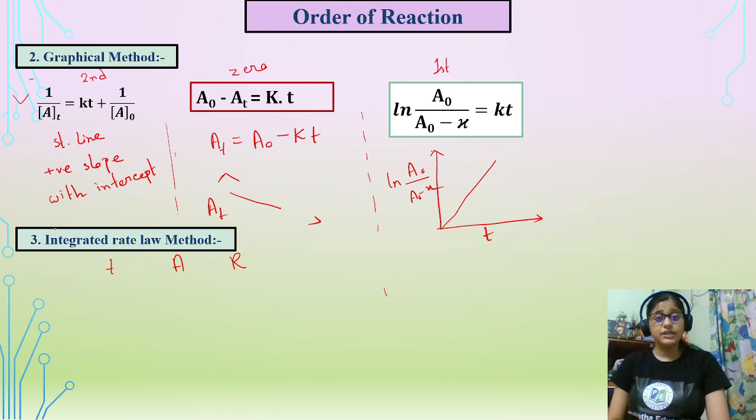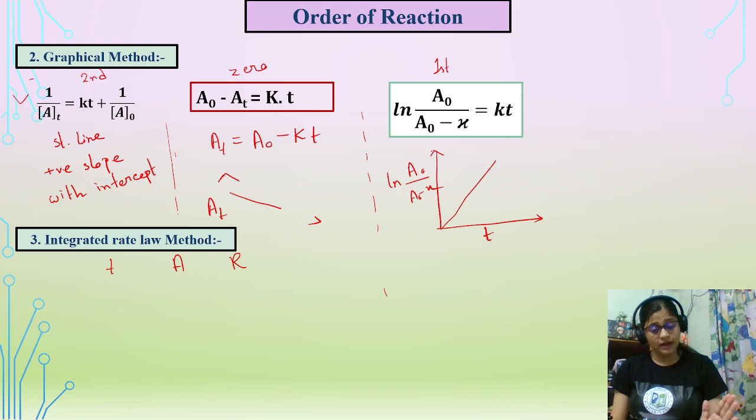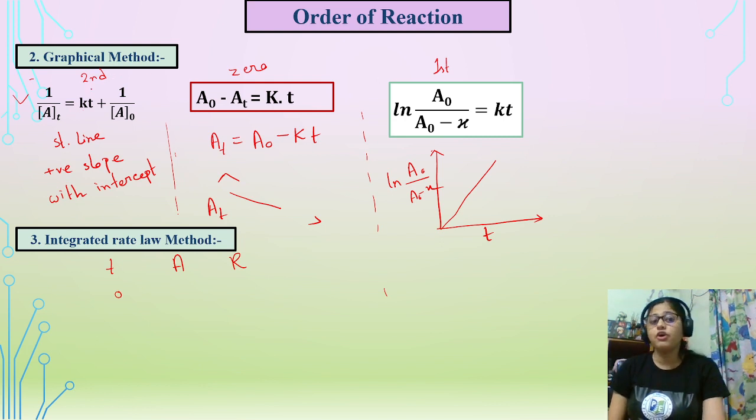You have to put the values in all the equations and see whether the left hand side is matching with the right hand side or not. Okay, because if A0 value at t equal to 0 is given, this left hand side value should match the right hand side value, then it is second order reaction. But if it is not, then come to the first order reaction, then come to the zero.